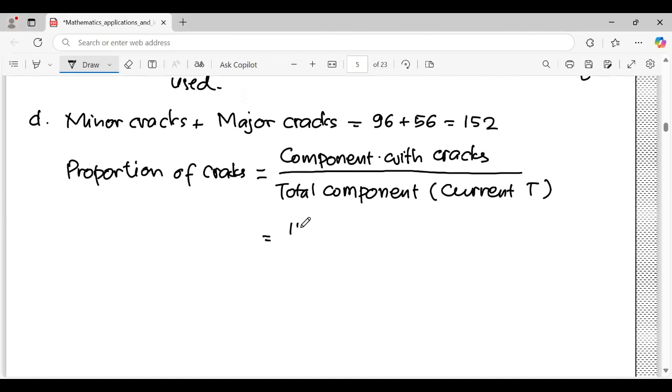It is 152 over 240, and simplified becomes 19 over 30. So proved, the result is 19 over 30.